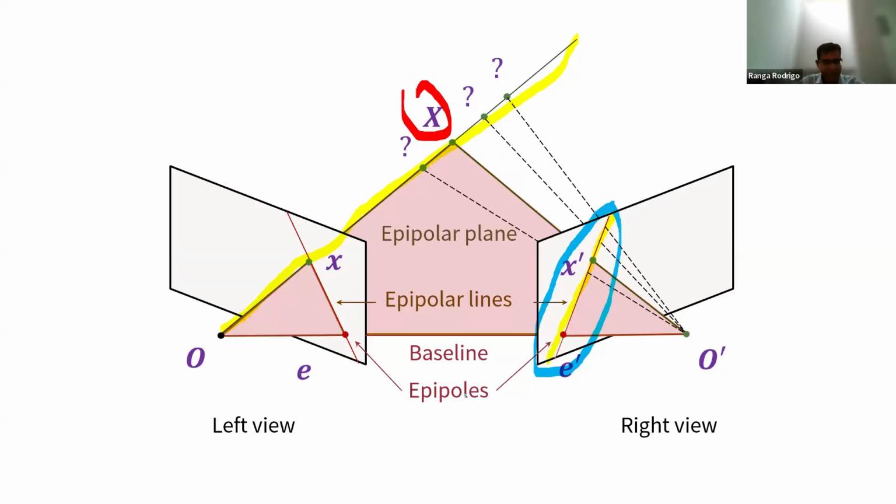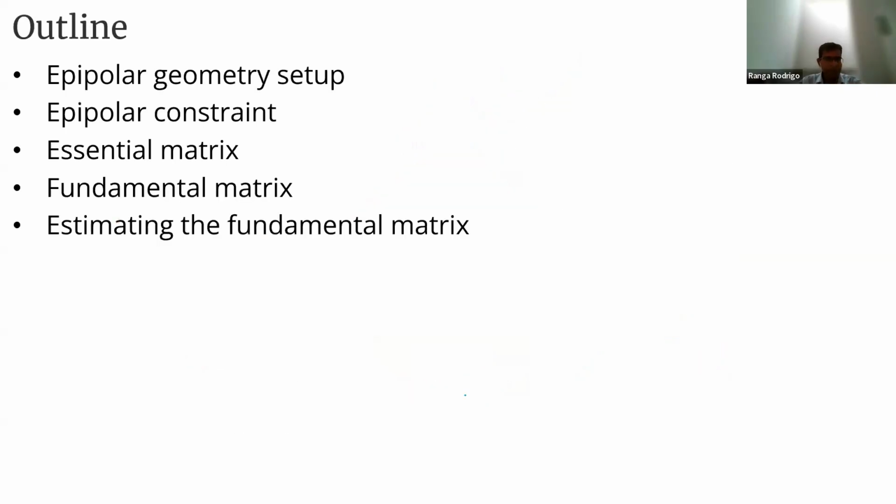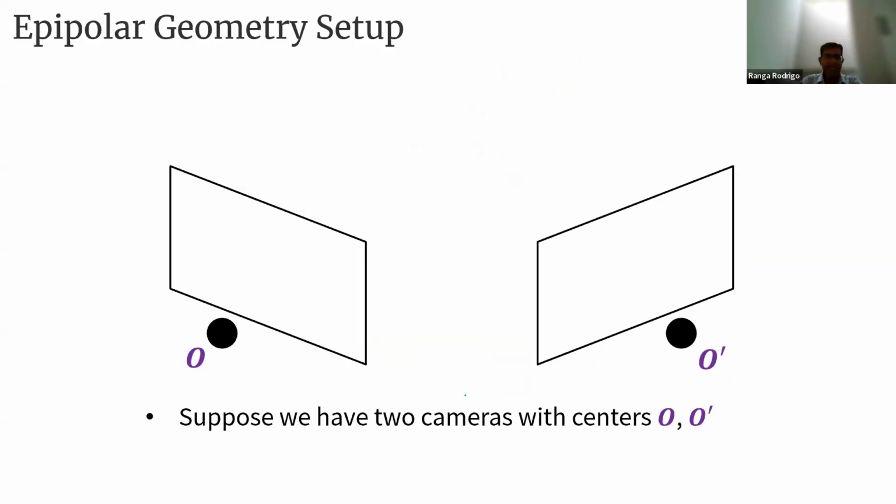It is so important, that's why it's called the fundamental matrix. So we will look at the epipolar geometric setup, and I will explain this setup again and come up with the epipolar constraint, essential matrix, fundamental matrix, and briefly how to estimate the fundamental matrix. Here again the geometry, we will go step by step. I hope you are ready.